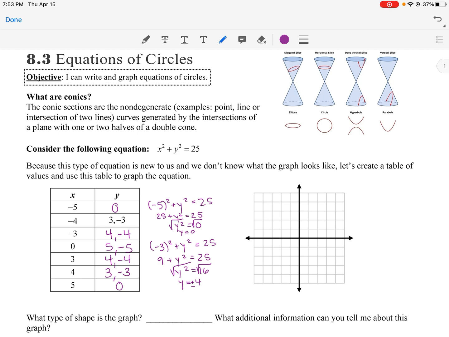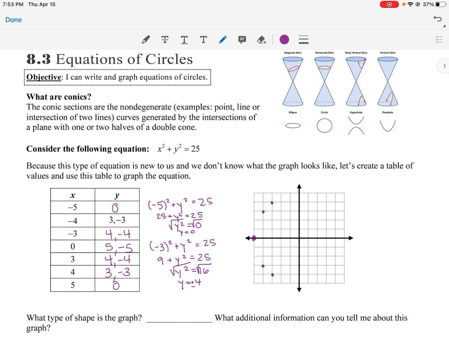So let's think about plotting those points. If I go negative 5 on the x-axis and then 0, I end up on the far left. If I go negative 4 and then plus or minus 3, I'm over here. Negative 3, plus or minus 4 for y.